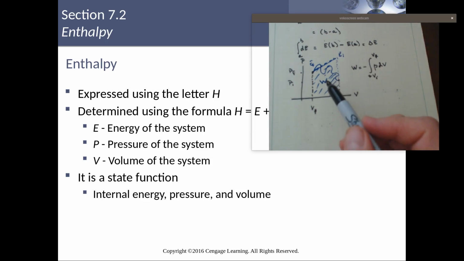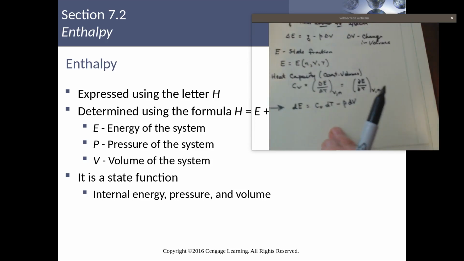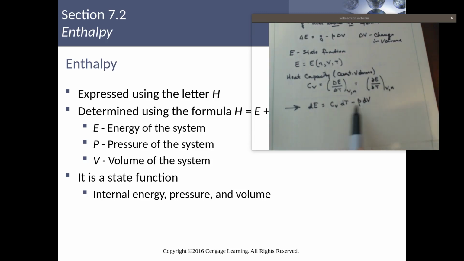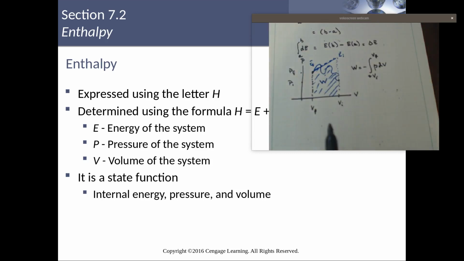Looking at the total energy might be useful for systems that have a change in the volume and a change in the temperature. But in general, most chemical reactions that we look at are done under conditions of constant pressure, and so we need to define a different kind of state function.